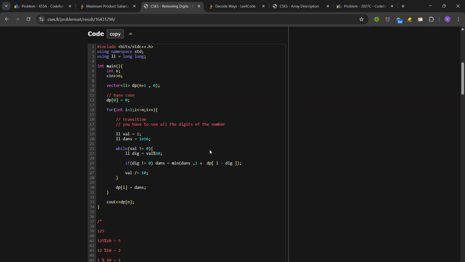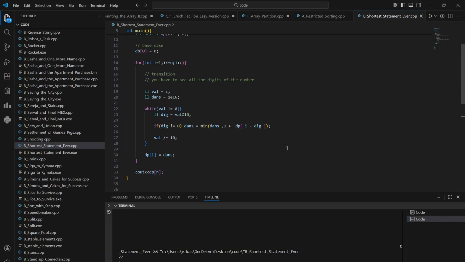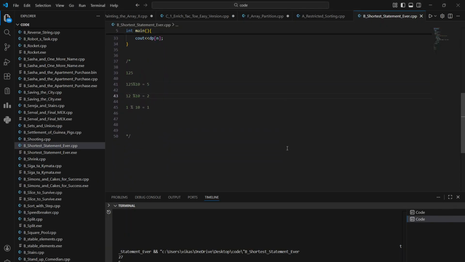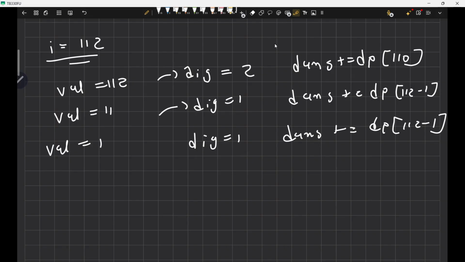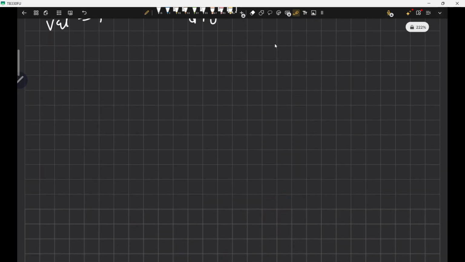Because let's say the digit was 1, you do minus 1, digit was 2, you do minus 2, till the digit was 9 and you do minus 9. So it is slightly tough to space optimize it because you have to take care of 9 different previous values. That's it. Now try to find the time complexity and space complexity of it.